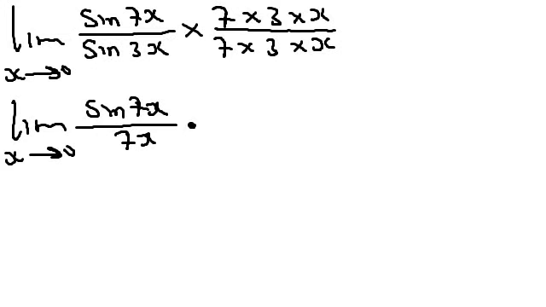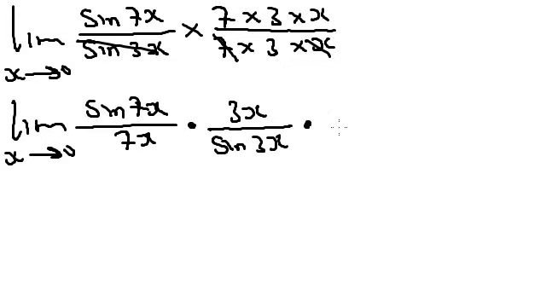On top of it, I would like to have 3x. So therefore, I can now have 3x all divided by sine 3x. Now this is multiplied by these, these have been used, and these have been used. So left over is just 3 at the bottom. Now what about at the top? 3x has been used. Left over is just 7. So we have 7 at the top.